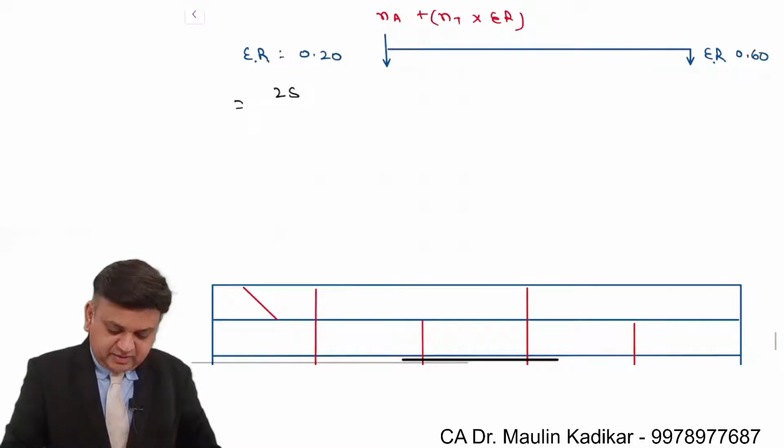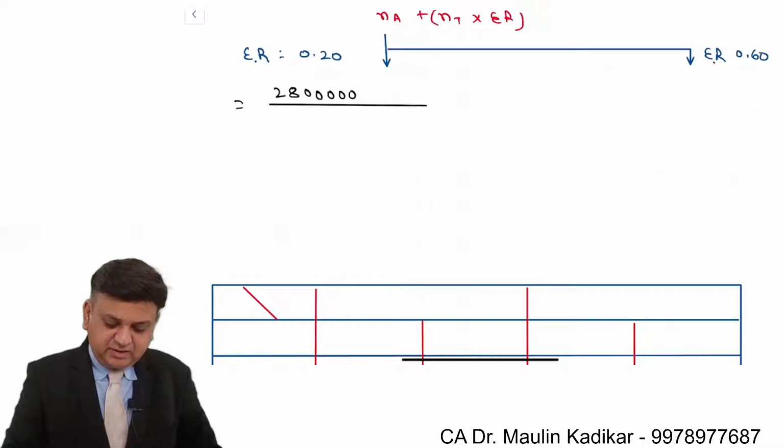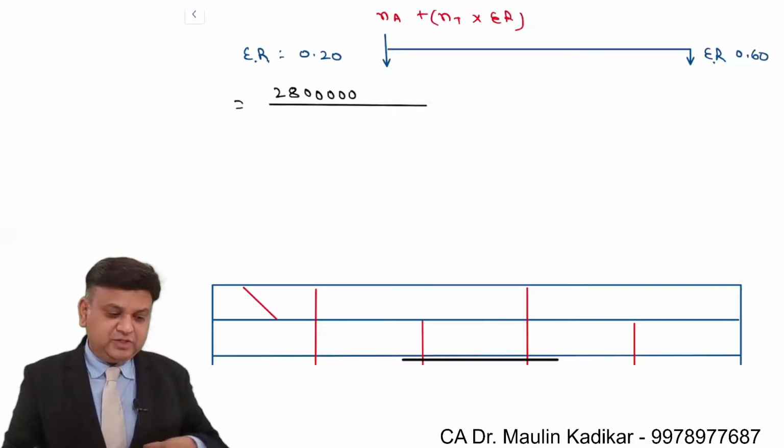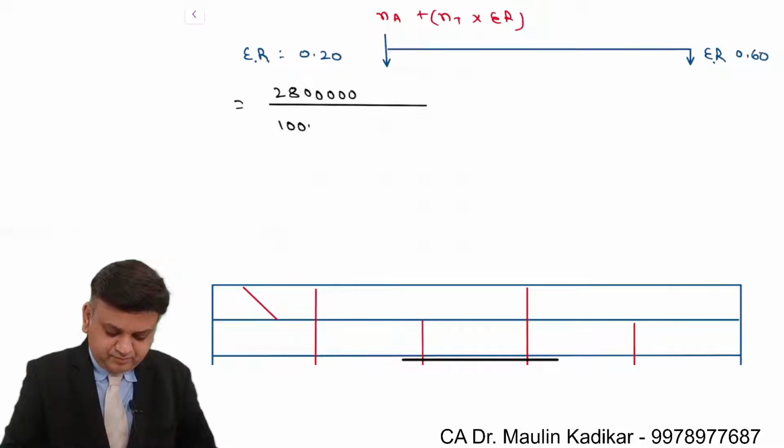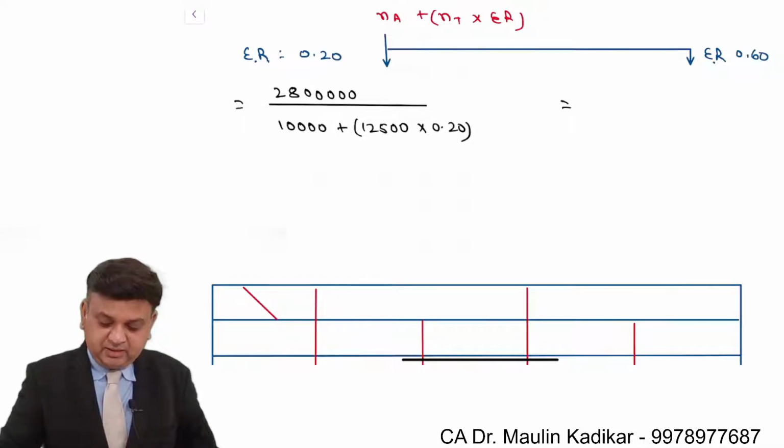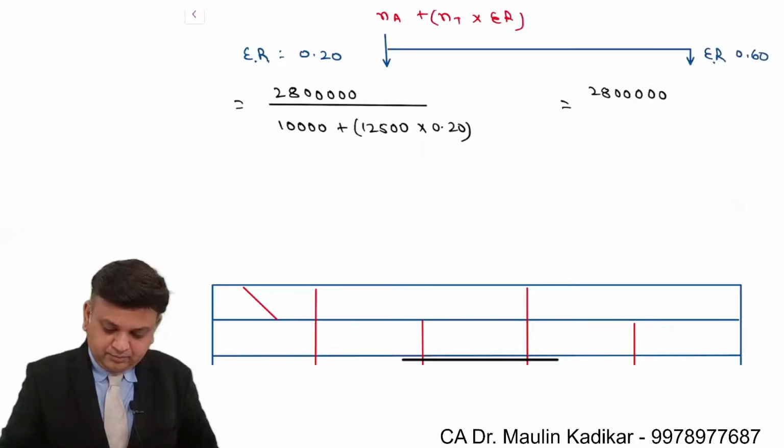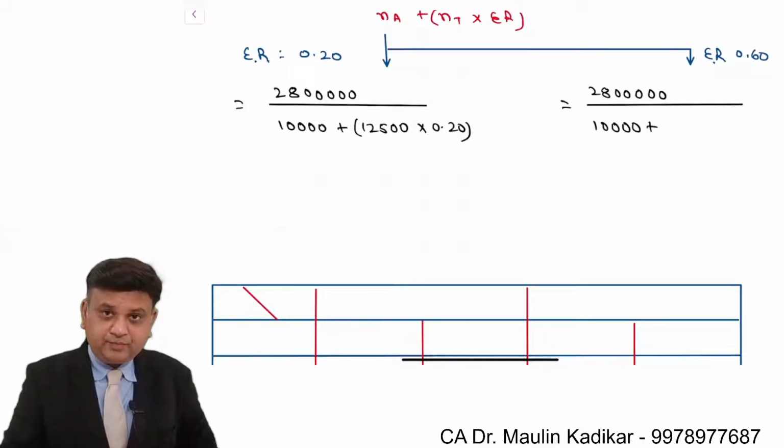So in the first case, it is 28 lakhs divided by number of shares of the acquiring company, which is 10,000, plus number of shares of the target company, 12,500 into exchange ratio 0.20. On the other hand, it is again 28 lakhs divided by 10,000 shares of the acquiring company, plus 12,500 shares of the target company into 0.60.